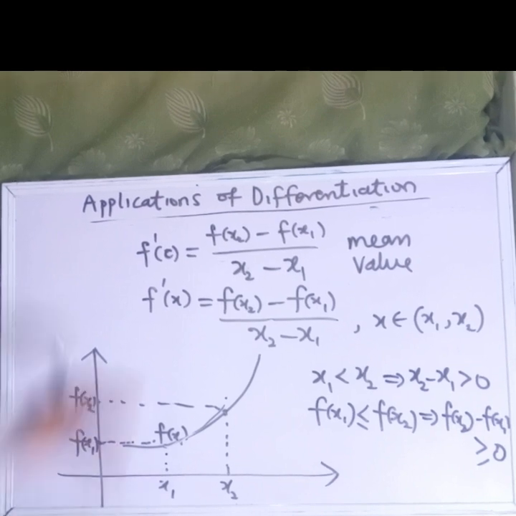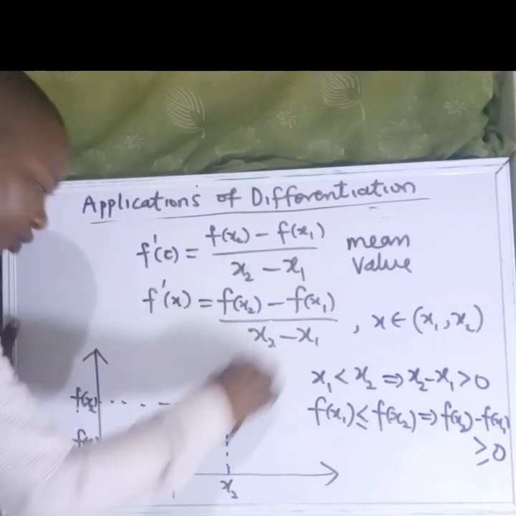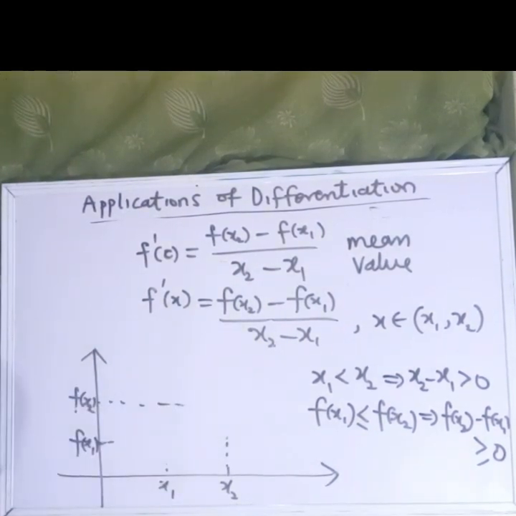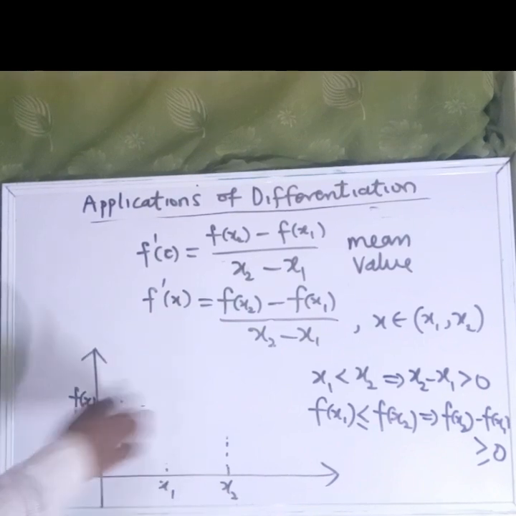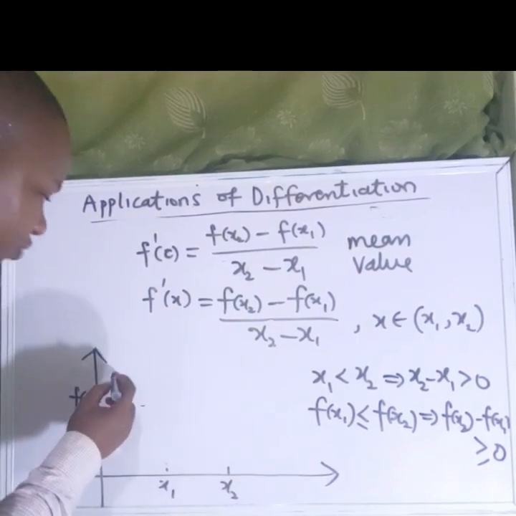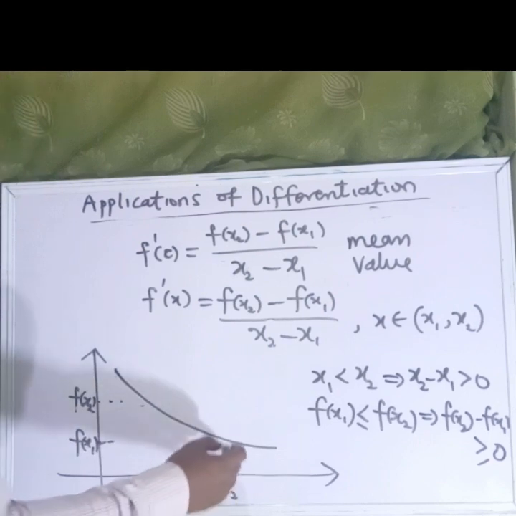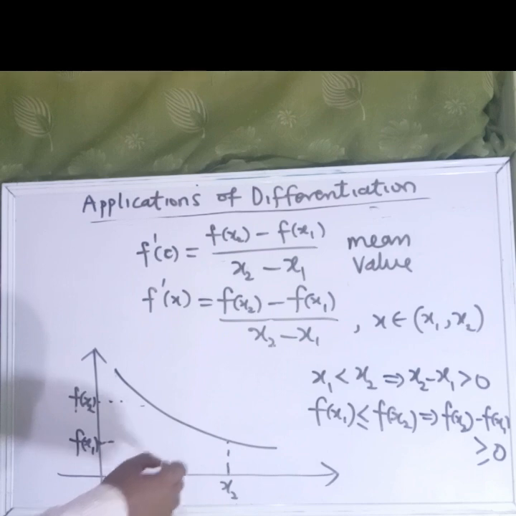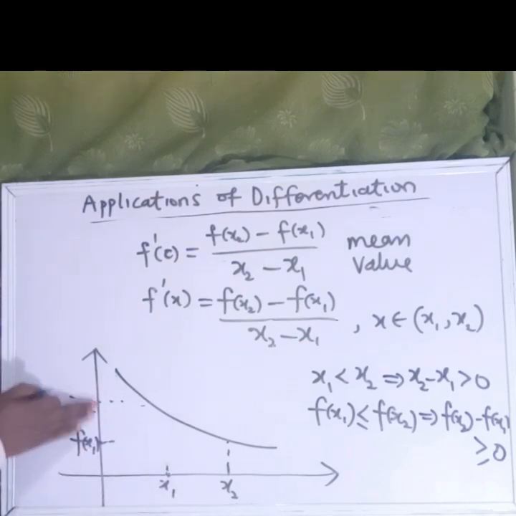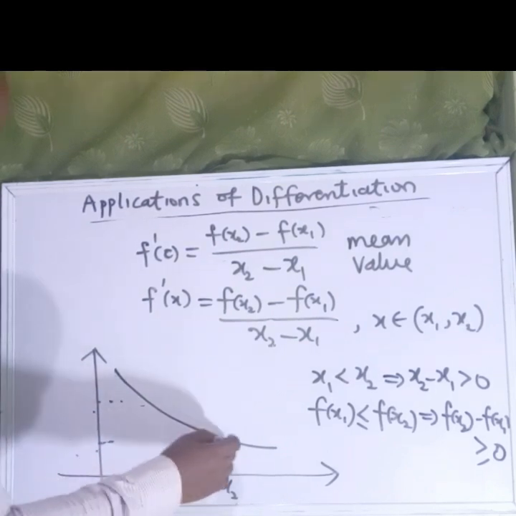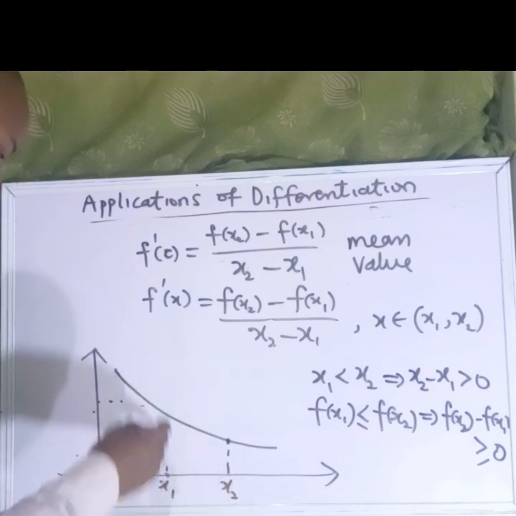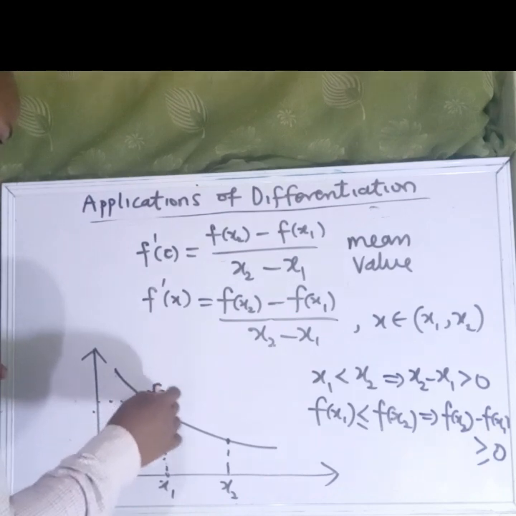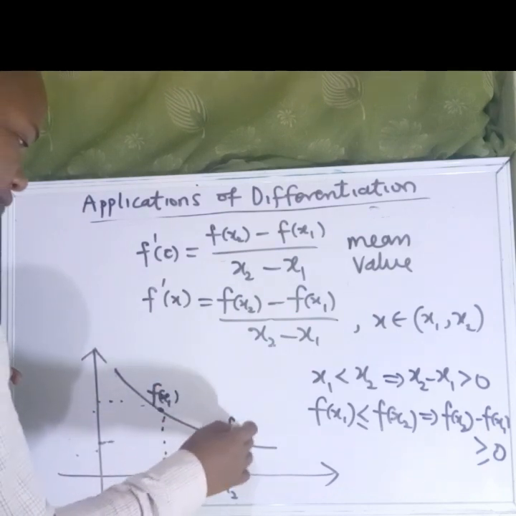On the other hand, I'll soon bring this as a definition, but we are just explaining this here. Also, if you have a graph which behaves this way, and similarly, this is now f of x1, and this is f of x2.